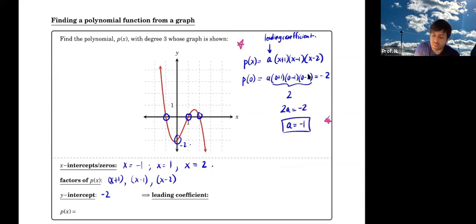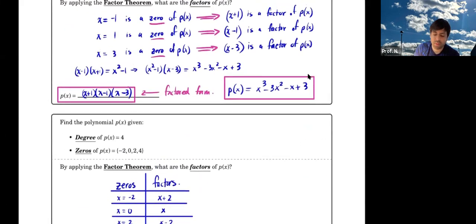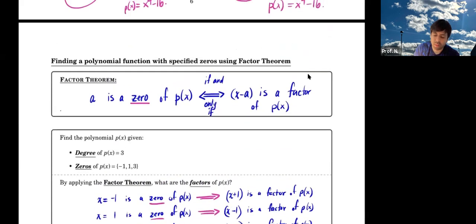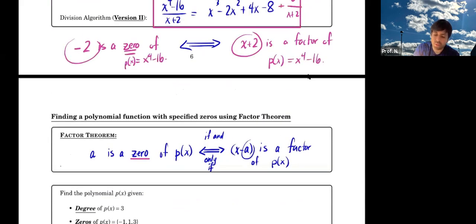So guys, this is a key step. The key step here is finding the leading coefficient. That's the only extra step that I need to do here. So the leading coefficient is what? This equals negative 1. Now this a here, guys, is not the same a as the one that we've talked about before. These a values here refer to the zeros, okay?